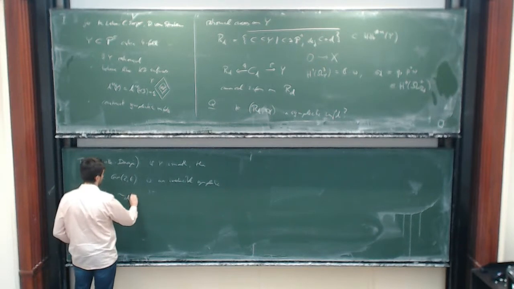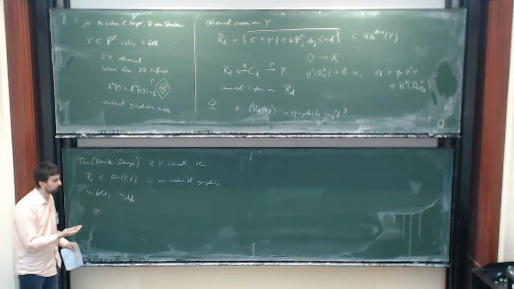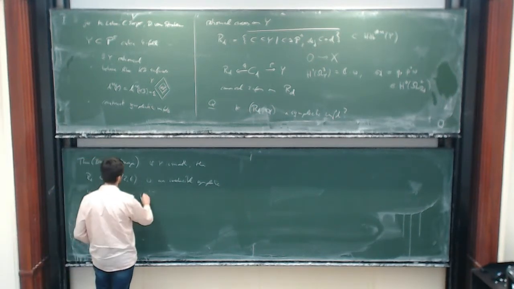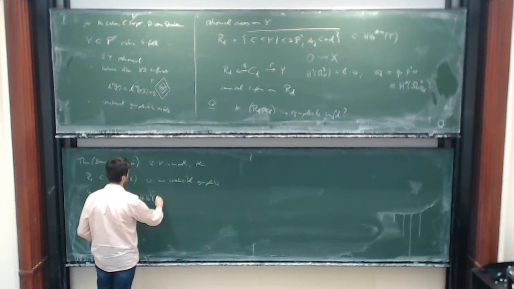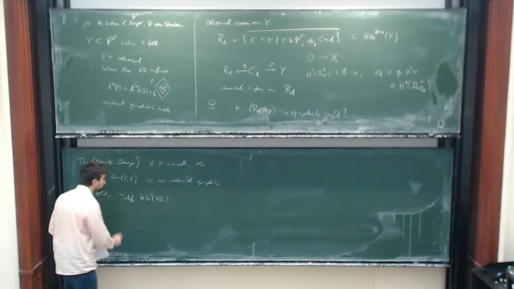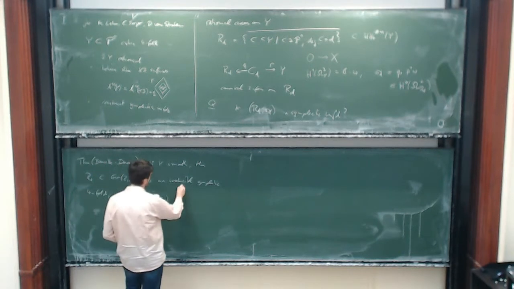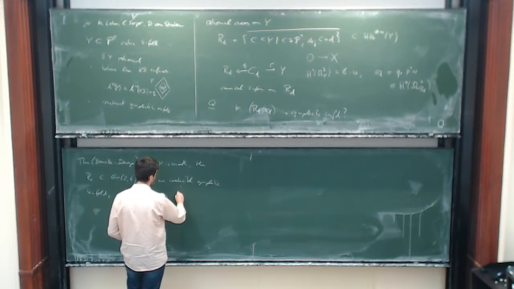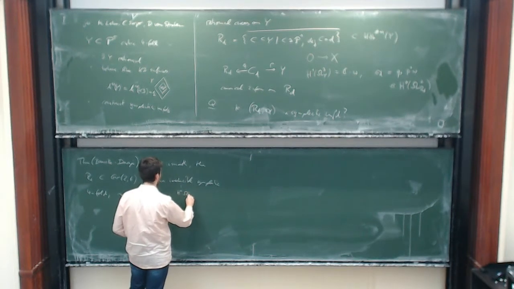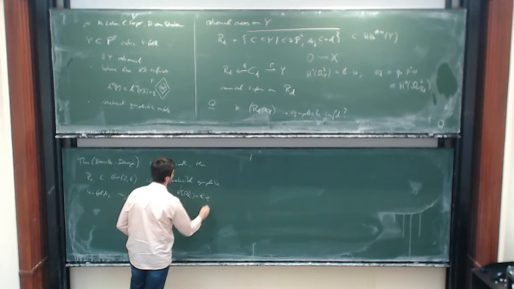It is deformation equivalent to a Hilbert scheme of 2 points on a K3 surface. Irreducible just means that the H^0 of Omega^2 is one-dimensional.